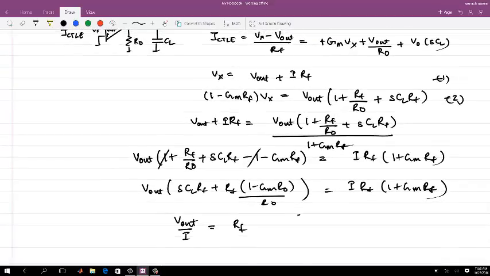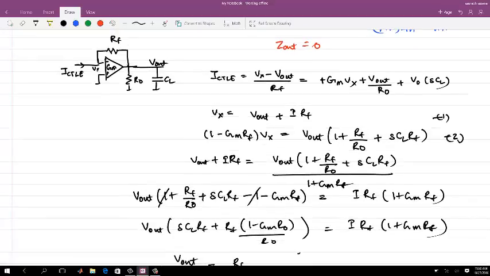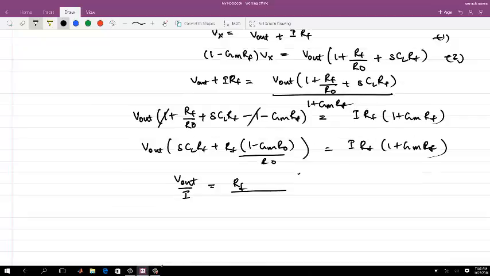If the input impedance looking into this block is going to be zero, the pole is at ROCL, right? That is again very much under assumption. So you will have some parameters coming because of the GM and RF. So this one is CL and RO. Okay, now this was Vout by I in.